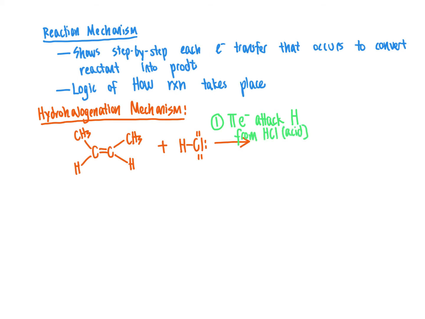Acids are highly reactive. That is why they have so many impacts. And what happens in this case is that the pi electrons, the electrons from the second bond right here, are going to come over and form a bond to the hydrogen atom there.